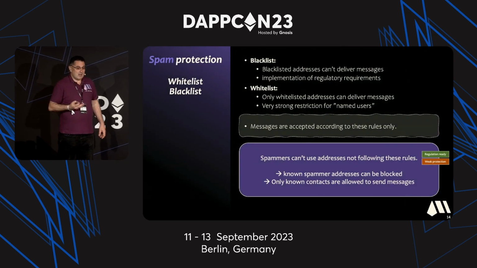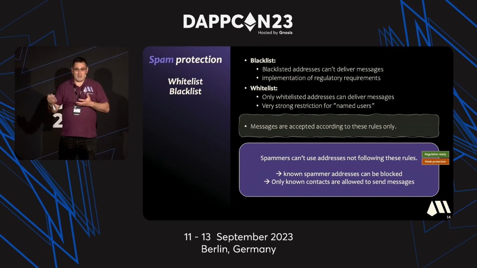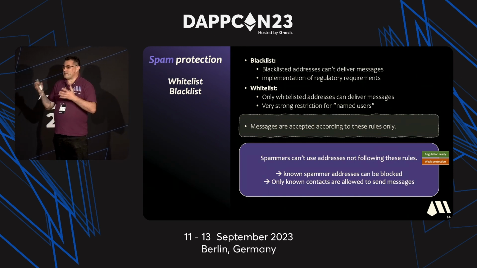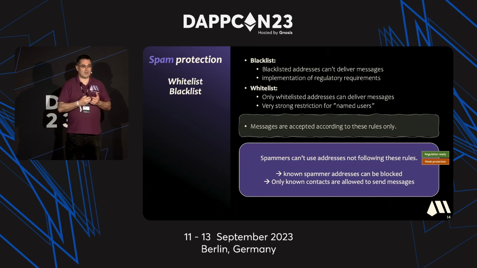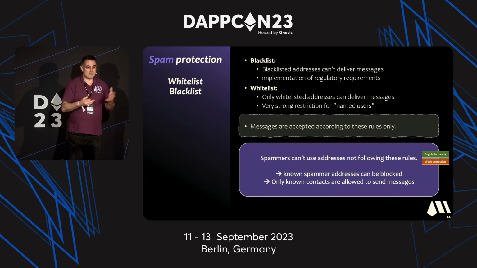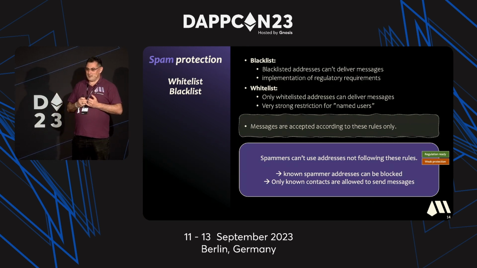So first of all, we can have blacklists and whitelists. We know there are lists, for instance from the regulators, where they say these addresses are known spammers, and you should not receive a message from them. We can use these blacklists, but as all of us know, blacklists in the blockchain world are not a very efficient way.